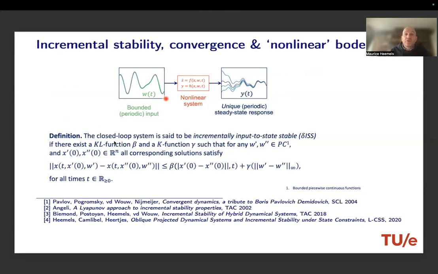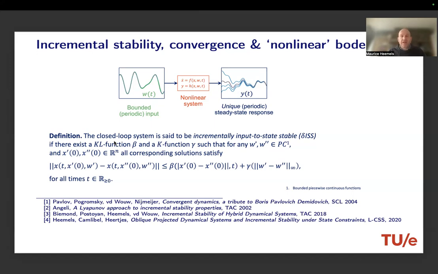In general, when you look at a general nonlinear system and put a bounded periodic input on it, it's not guaranteed there is a unique steady state response. In fact, you can have multiple equilibria or multiple responses, and depending on the initial condition, you go to one of those steady state responses.